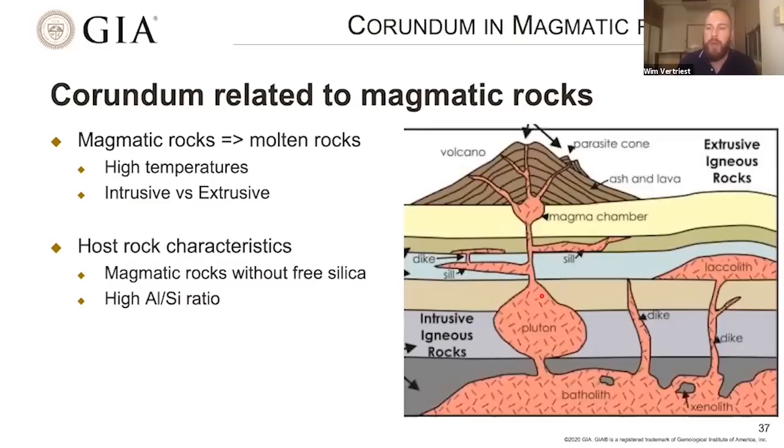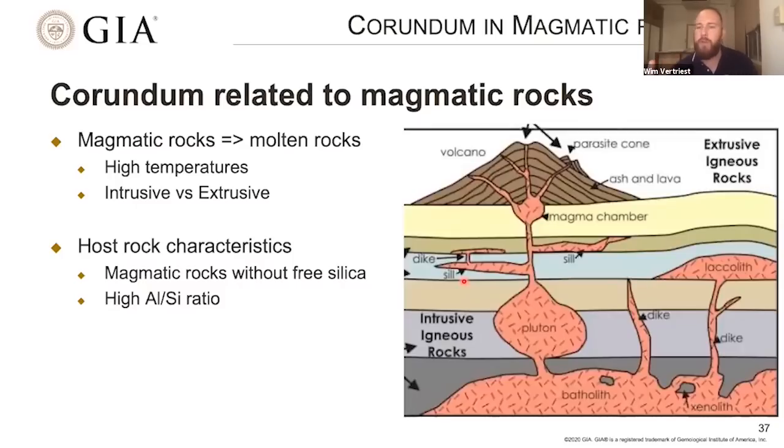That is typically granite, and like the hallways in GIA Bangkok, they're all built of granite, so that's all magmatic rocks. But I think that's something that's very important, that we have those molten rocks reaching the surface, and sometimes they crystallize underground, but directly from those molten rocks.